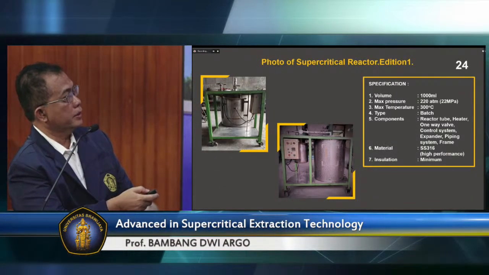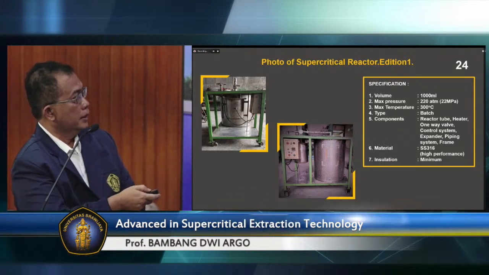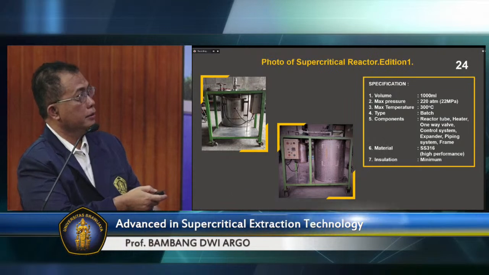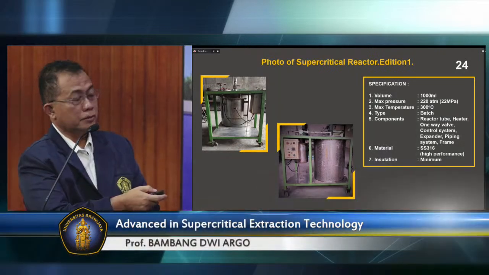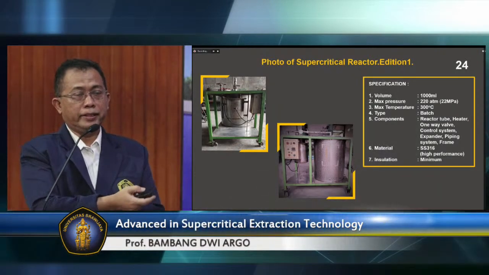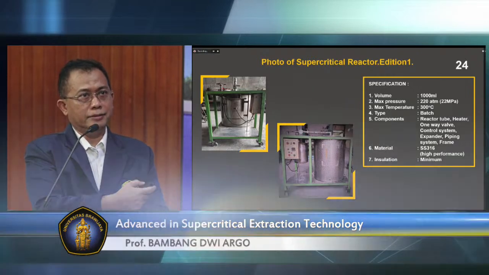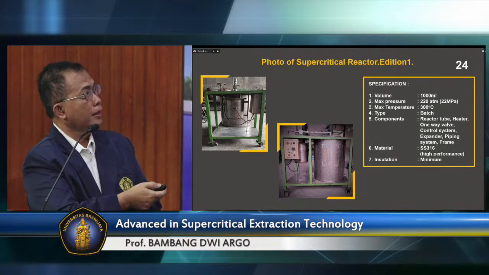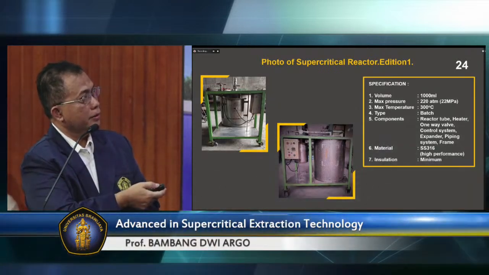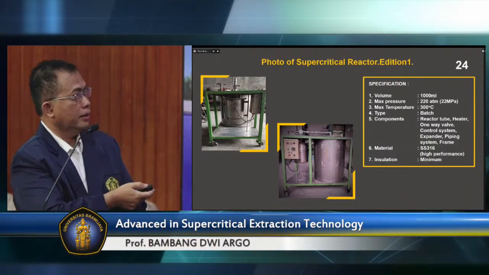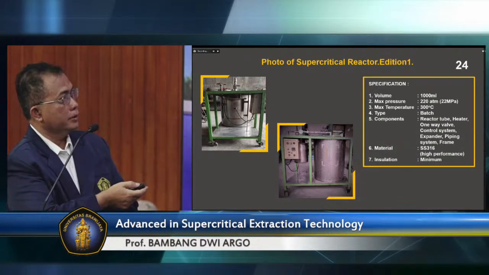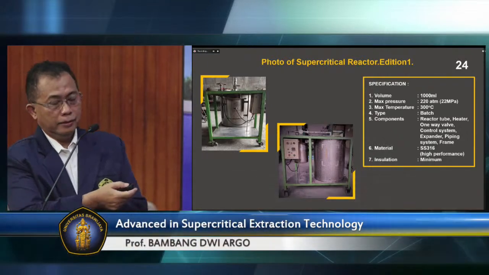The specification of our supercritical reactor, the volume is 1,000 milliliter. In Japan, until now, 50 milliliter, still small. Maximum pressure until 220 atmosphere. Maximum temperature until 300 degrees Celsius.